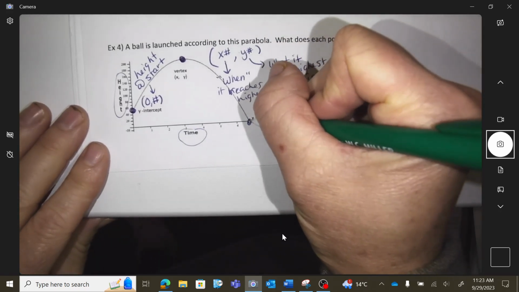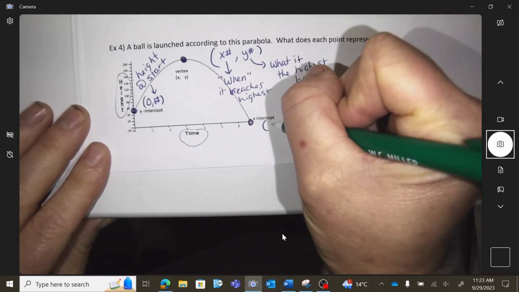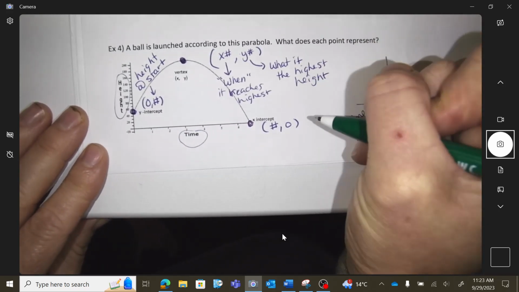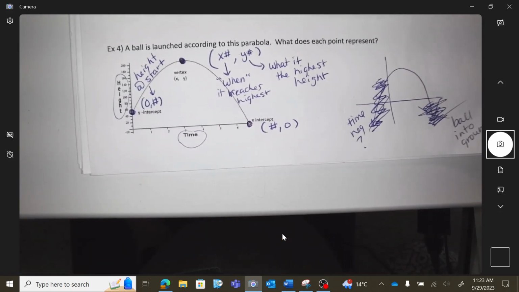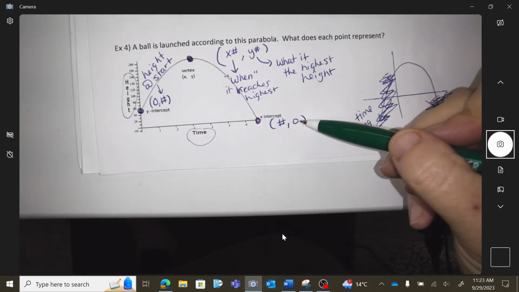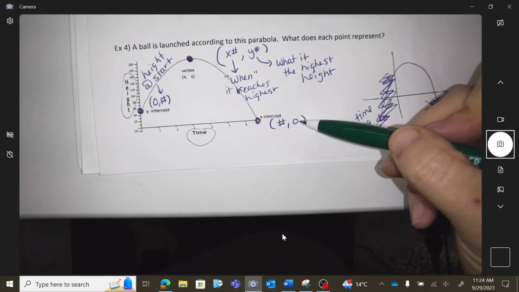Then we have an x-intercept, which would be a number, comma, 0. Okay, so there's a 0 here. Well, what is the 0 in the spot for?